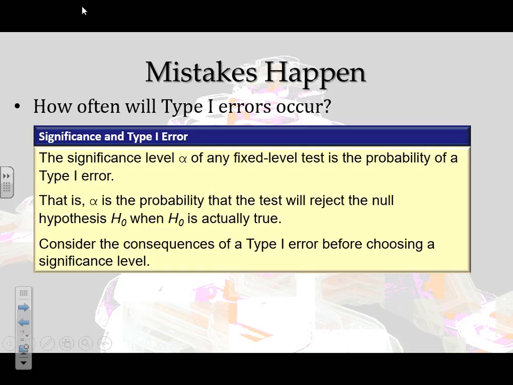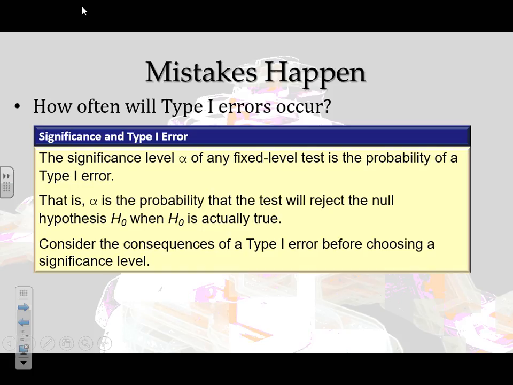If I choose a lower alpha, that means I'm going to reject far less, right? Because my p-value has to be that much smaller in order to reject. Well, if I'm failing to reject more, what type of error will I start making more of? Type 2. So if I'm going to make fewer type 1s, I'm going to make more type 2s, right? So I can lower my alpha level, and that lowers the probability of type 1. But at the same time, that's going to increase my probability of a type 2.